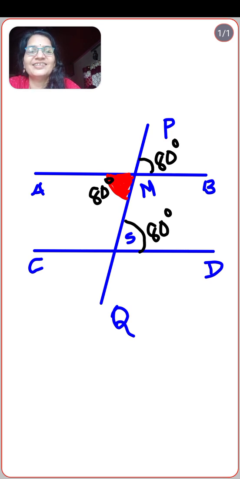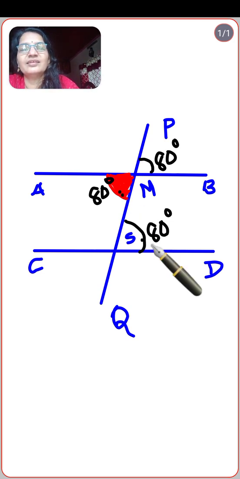These 2 angles are alternate angles, aren't they? Yes, they are alternate angles, so it is 80 degree. And what about these 2 angles? They are corresponding angles. This 80 degree is corresponding angle of this 80 degree angle and alternate angle of this 80 degree angle. Clear? Okay.